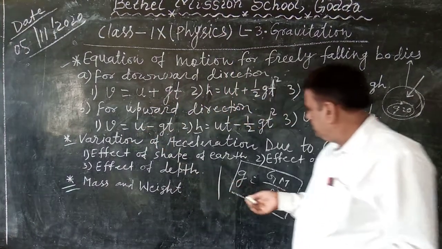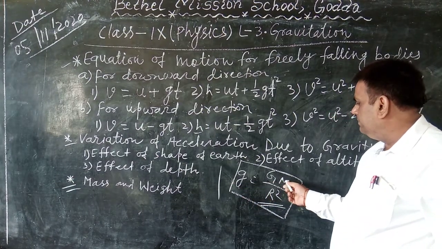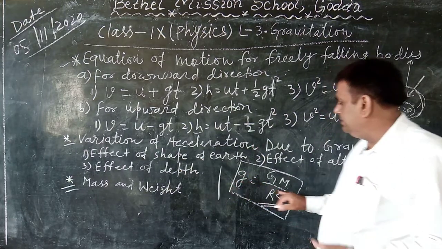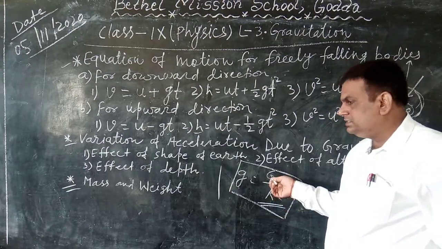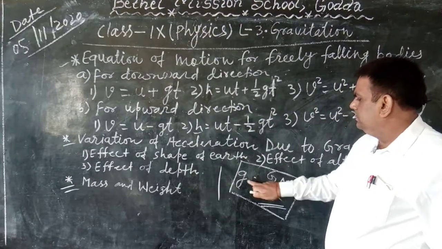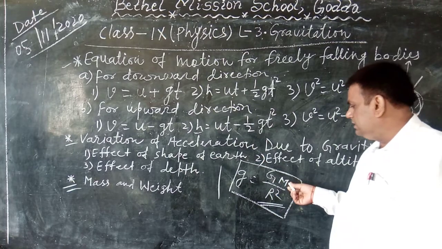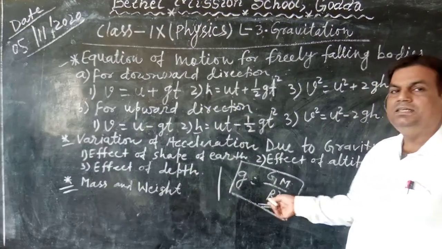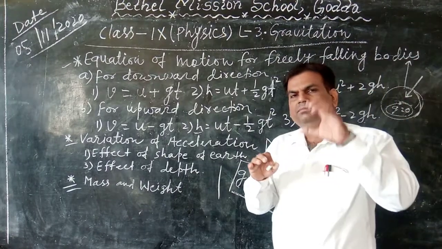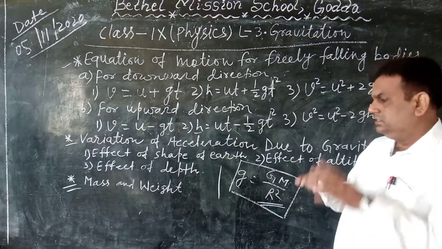So we know that g equal to GM upon R square. We have discussed the relation between small g and capital G, where small g is acceleration due to gravity, capital G is the universal gravitational constant, M is the mass of the earth, and R is the radius of the earth. So the radius of the earth is minimum at the pole and maximum at the equator.